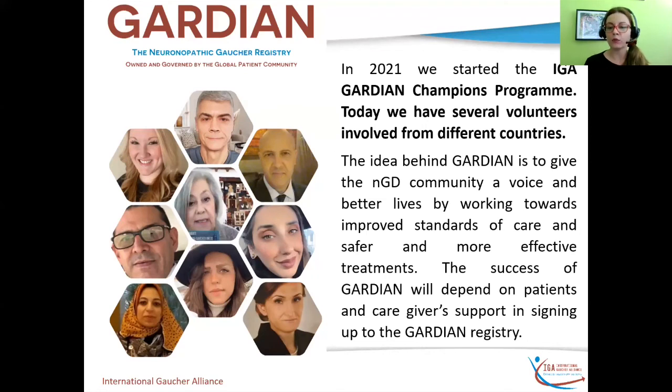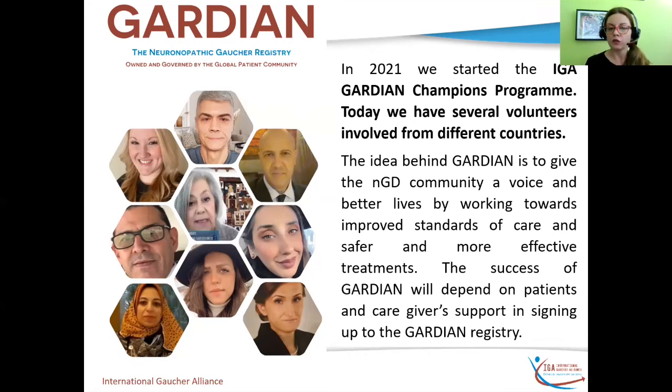And this was very important for us because there is no cure or medicine. There is no cure. There is no medicine for type 3 and type 2 Gaucher. And with this registry, we are going to give a better or stronger voice to this part of our community. And it all depends on the people signing in the registry.